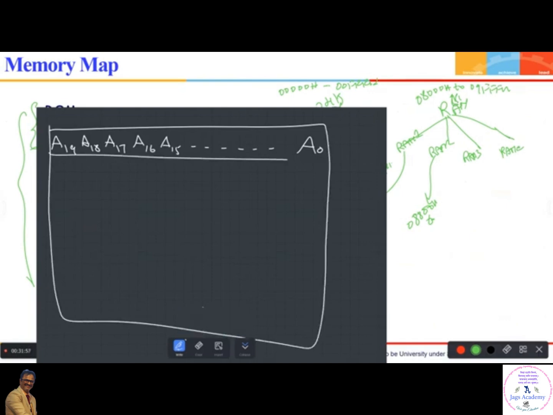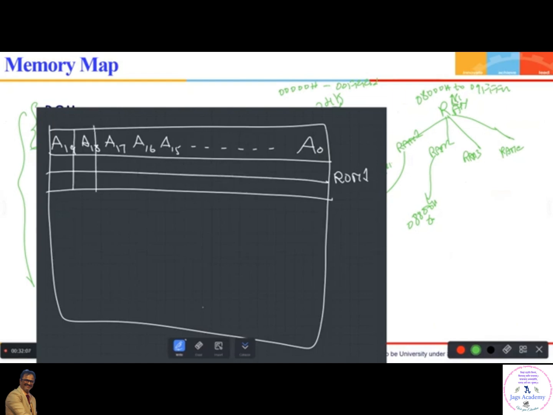Now, one column you make for ROM1. ROM1 starting address, you write here. Right? Have you understood this? Now, remember to reduce the time taken to write this.